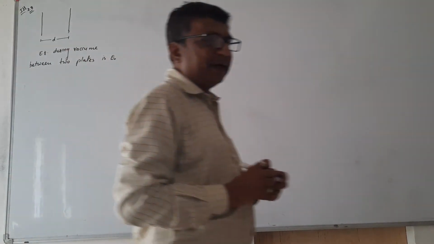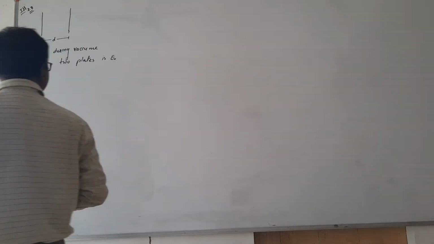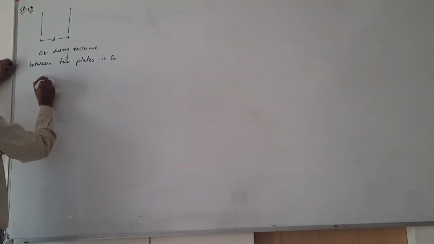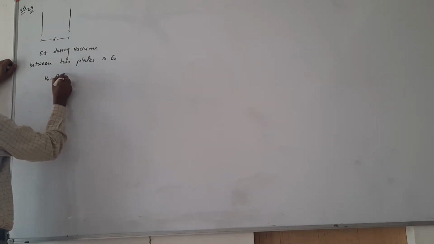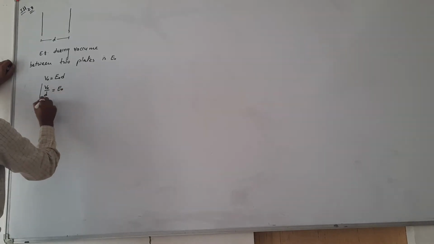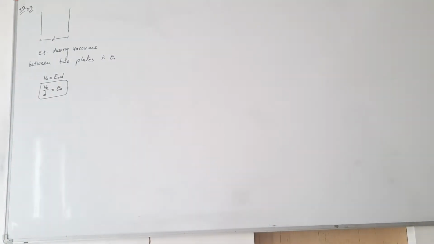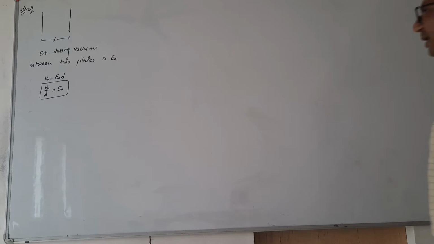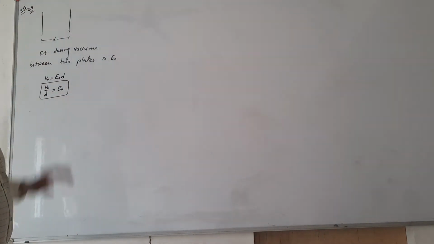This is the electric field E0 when there is nothing between these two plates. So V0 is equal to E0 into D, which means E0 is V0 divided by D. You got the value of E0, and this electric field is during vacuum between these two plates.